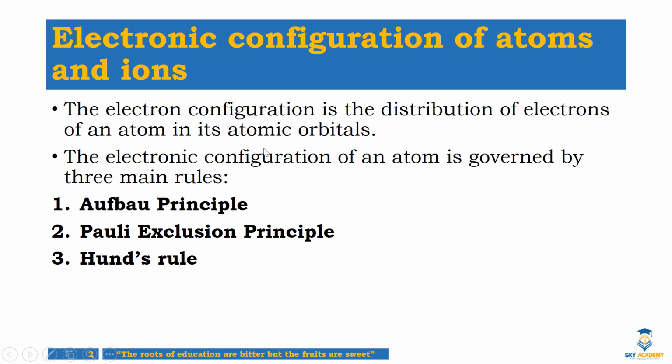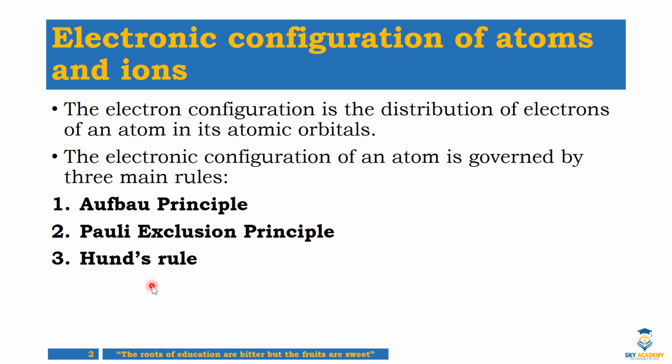There are three laws which govern how electrons are distributed: the Aufbau principle, the Pauli exclusion principle, and Hund's rule.